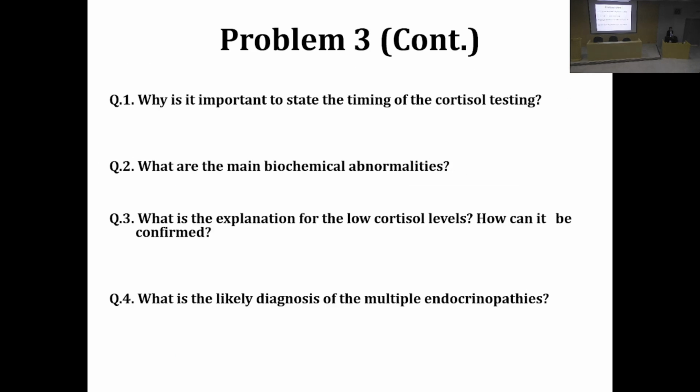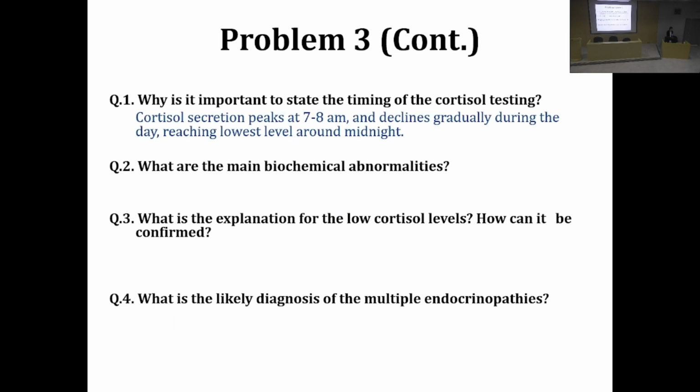So why is it important to state the timing of the cortisol testing? You already mentioned that it peaks in the morning, declines during the day, and reaches the lowest levels around midnight. What are the main biochemical abnormalities? We listed them all. What is the explanation of low cortisol levels? What else is low? ACTH, right?